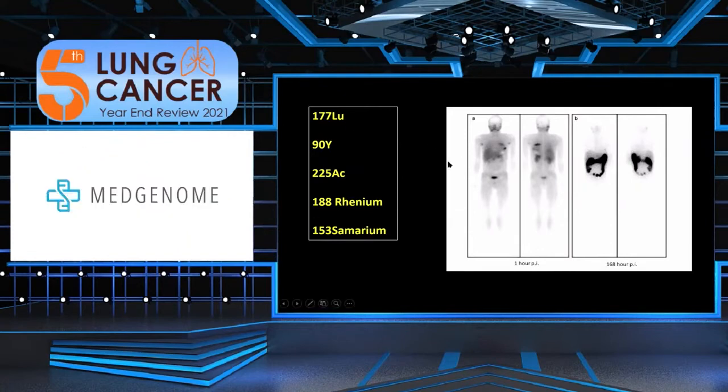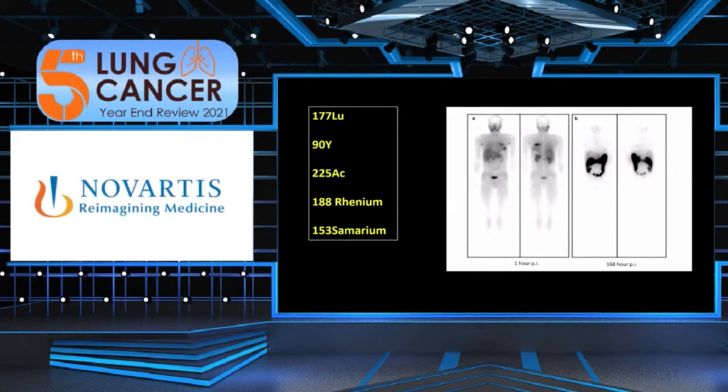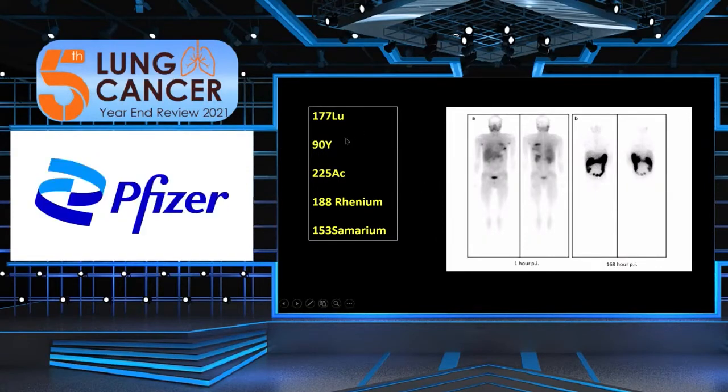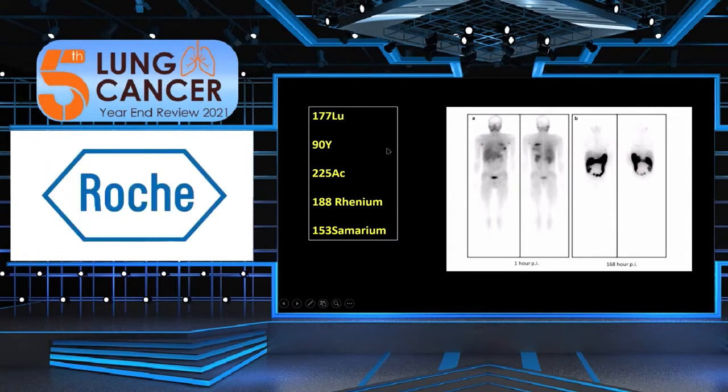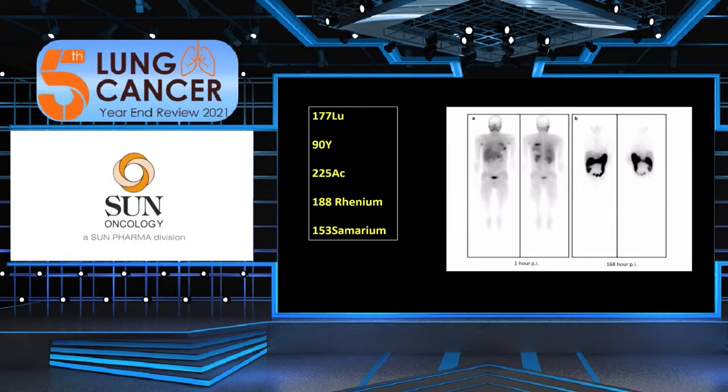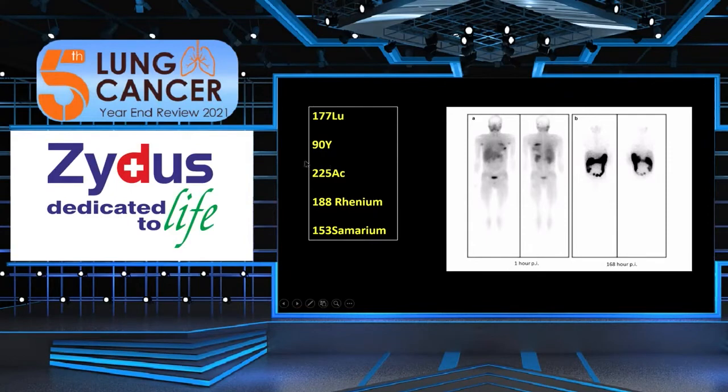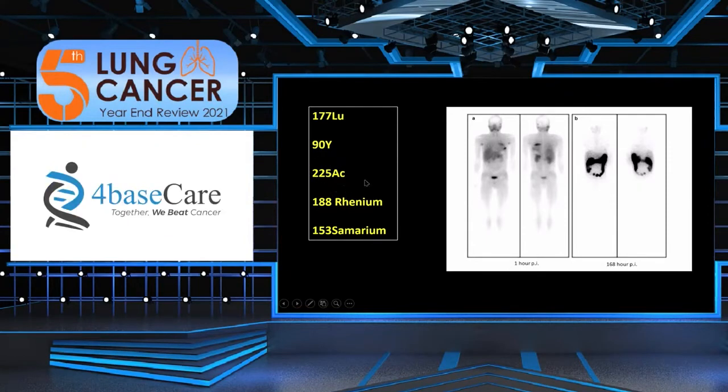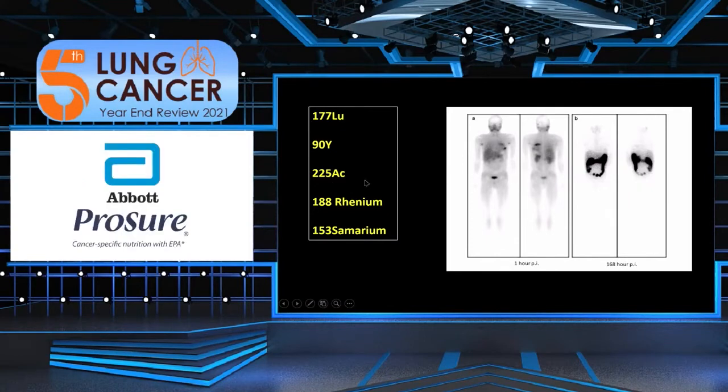So it is very likely to prevent marrow damage, and also kidney damage, because it will not penetrate much. Yttrium-90 has a very long penetration compared to lutetium, but its half-life is very short, so it irradiates, and that's why yttrium-90 has been used for therapy. But actinium-225 is an exclusive alpha emitter, and alpha emitters are known to be excellent.